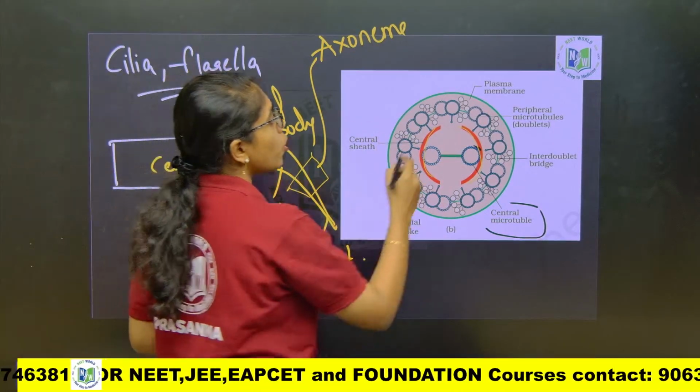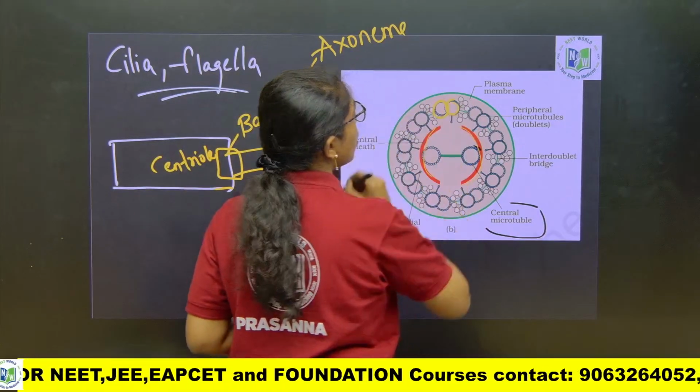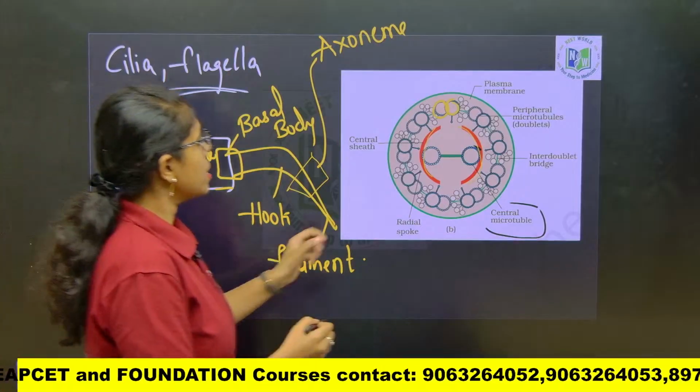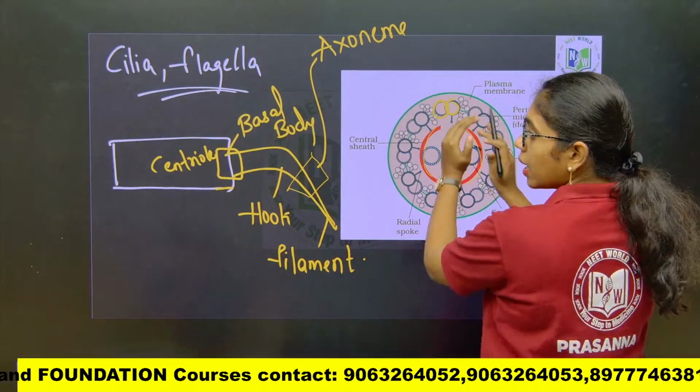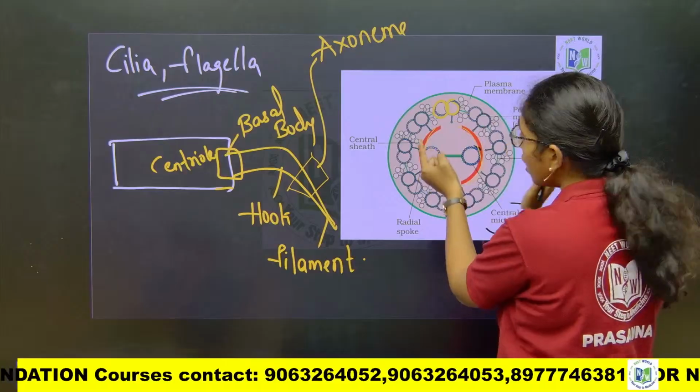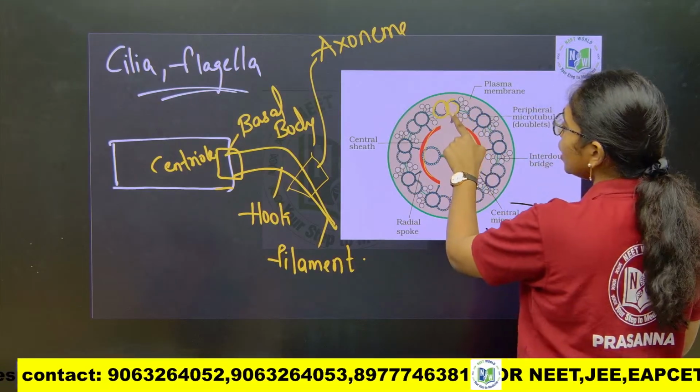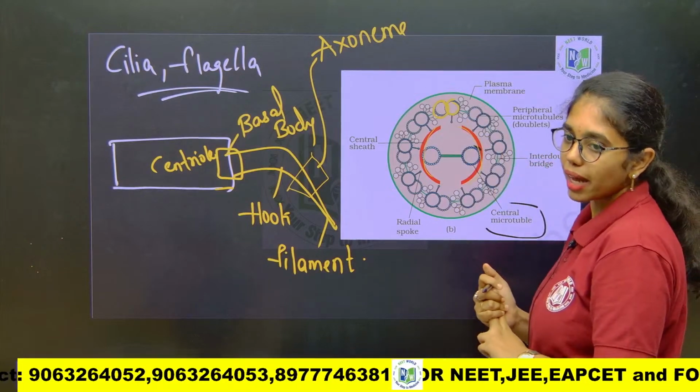Each radial spoke will be having how many microtubules? 2 microtubules. So, here central microtubules are there. Covering this you have central sheath. From this central sheath you have how many radial spokes? 9 radial spokes. To each radial spoke 2 microtubules are present.